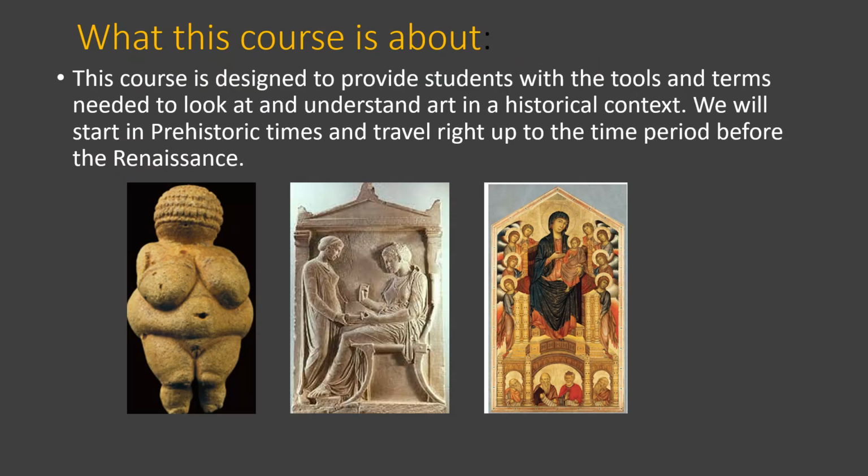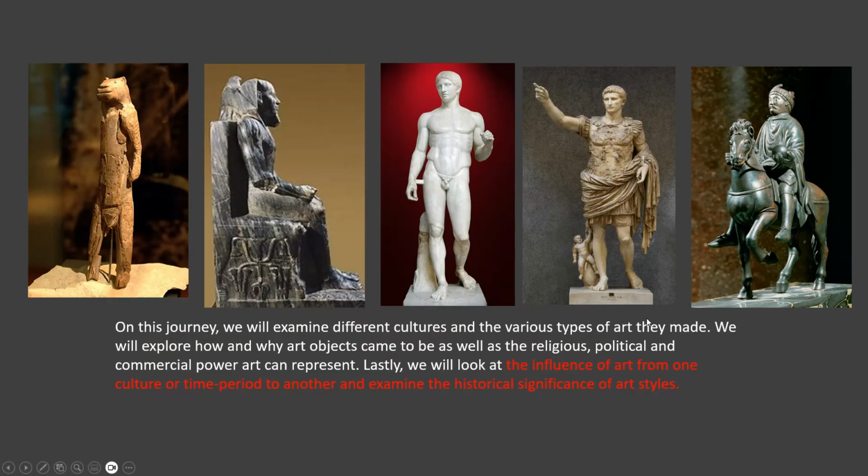I'm happy to help. Okay, the course is designed to provide you with the tools and terms needed to look at and understand art in a historical context. We're going to start in prehistoric art and travel right up to the time period before the Renaissance and, of course, all of the time periods in between. On this journey, we'll examine different cultures and the various types of art they made. We're going to explore how and why art objects came to be, as well as the religious, political, and commercial powers that they represent.